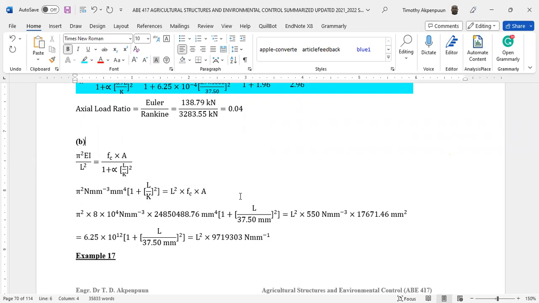If we notice, on the right-hand side, we have capital L. So on this other side too, we'll have the same thing, right? So do not mix it. Do not have a small L on one side and a capital L on the other side. You must have the same.